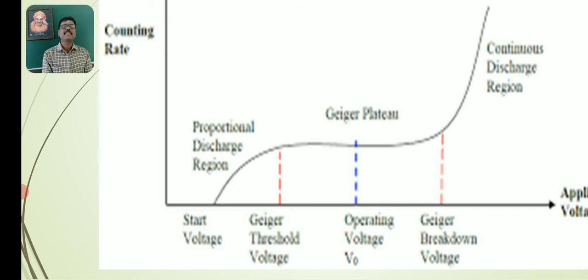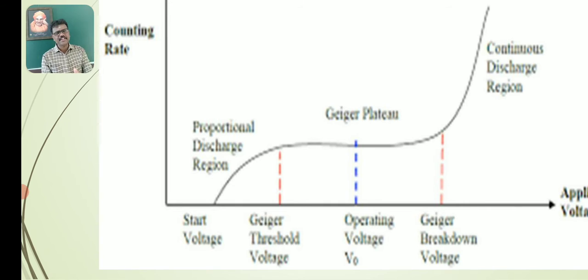Further, as the voltage increases, the counting rate gradually increases, then becomes constant, the so-called operating voltage.